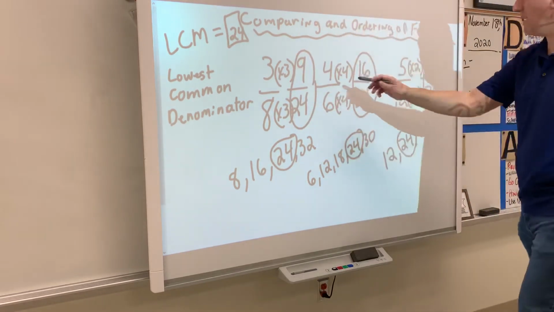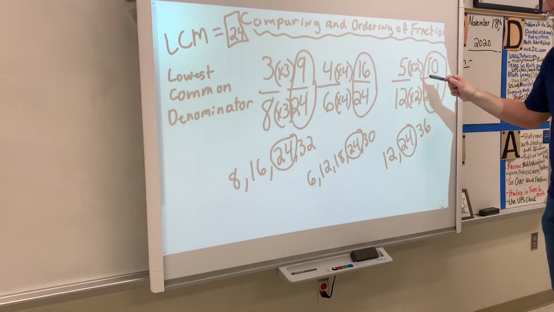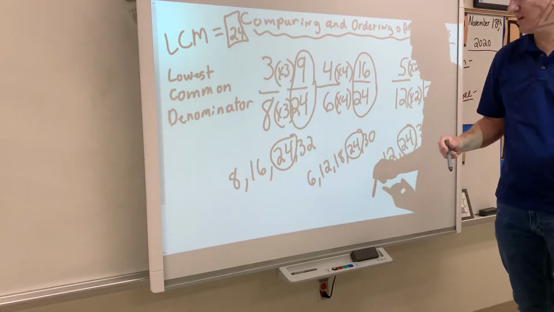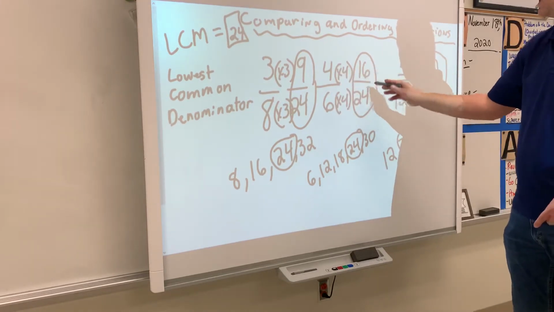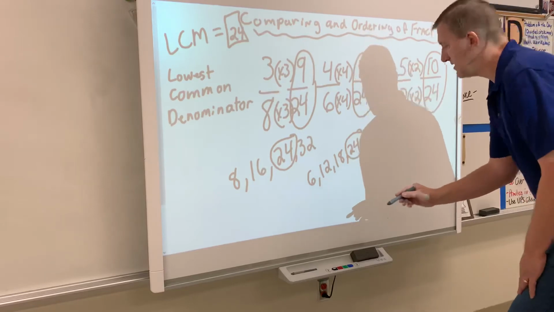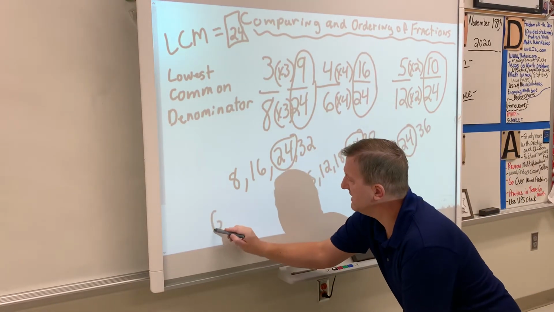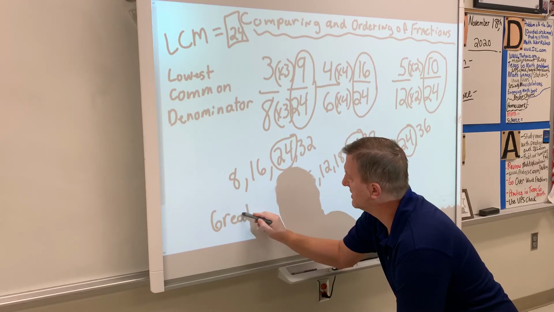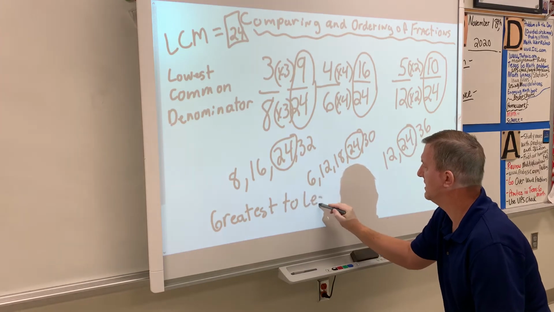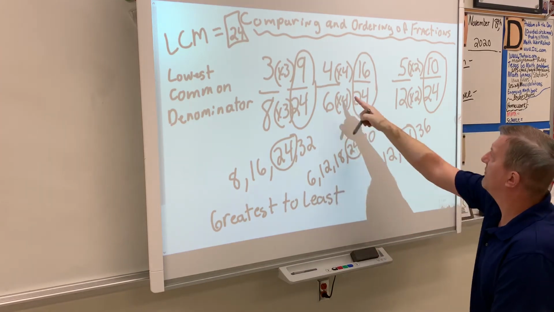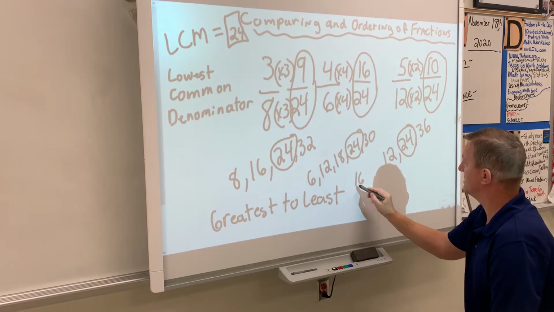Now I can easily compare and order these. If I'm going greatest to least, then I'm going to say 4/6 or 16 24ths. So I'm going to write it down here, greatest to least. Our first fraction is going to be 16 24ths.